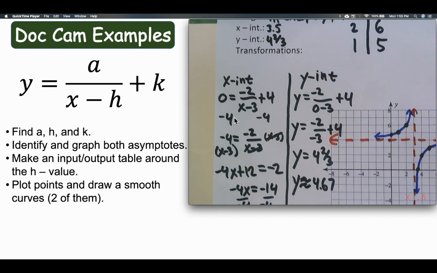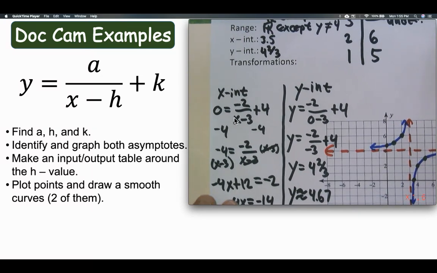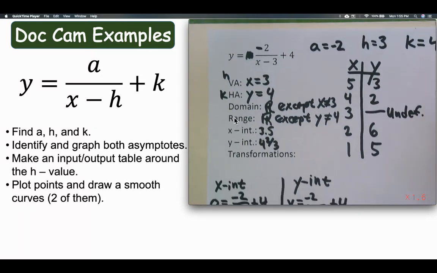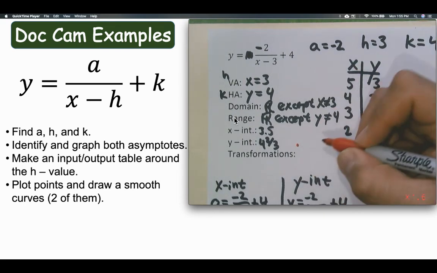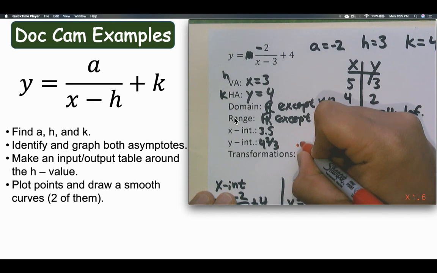As far as transformation goes, my Sharpies are taking up a lot of room on this page, so I will do this in red. Transformations, go back up and look at a, h, and k. So a is negative 2. So I have a vertical stretch. I'm okay if you just put stretch.